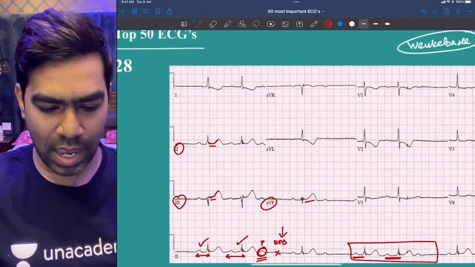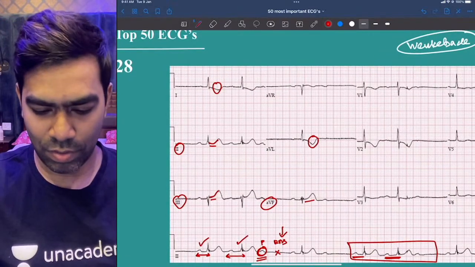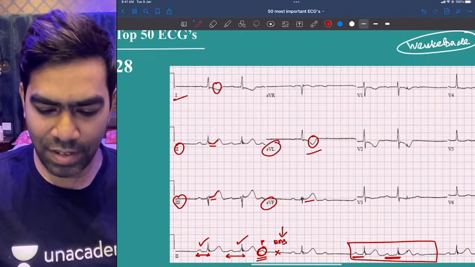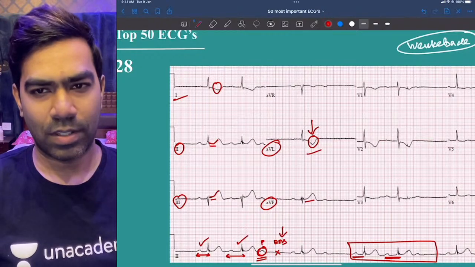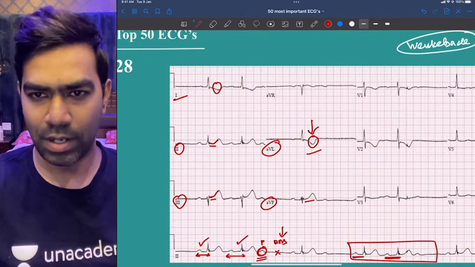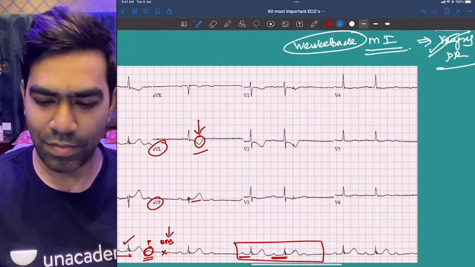And I am able to see the reciprocal ST segment depressions also, in lead 1 and aVL, and the aVL ST depression is more than the ST depression in lead 1. So that also suggests it's an RCA culprit, right coronary artery culprit. And apart from that, are you able to see that characteristic finding?